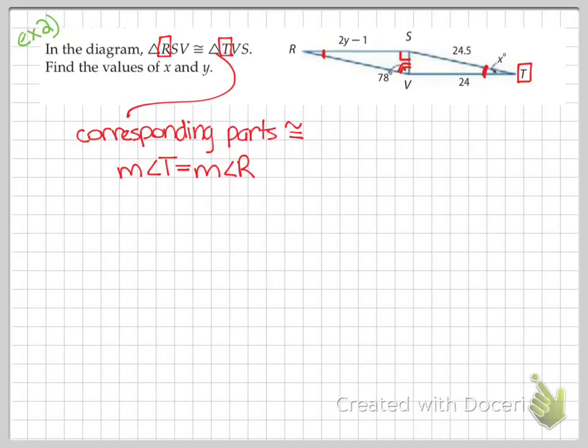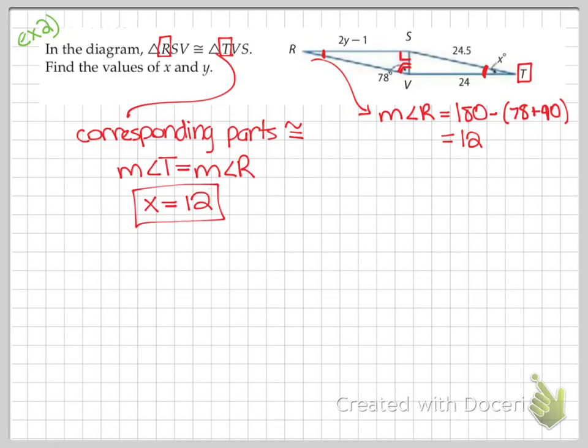So I can find angle R. The measure of angle R would be equal to, remember all angles add up to 180, minus the other two, so 78 plus 90. Or if you notice that this is a right triangle, you could have also done 90 minus 78. If you work that out, you get that the measure of angle R is 12. So therefore, if the measure of angle R is 12, we know that x equals 12, because those were congruent.